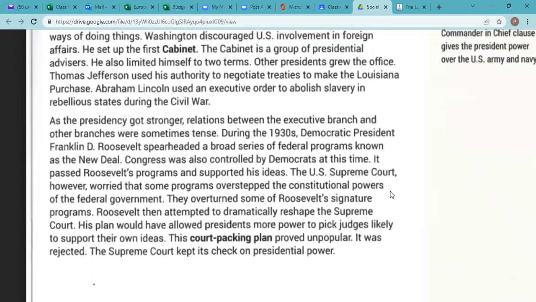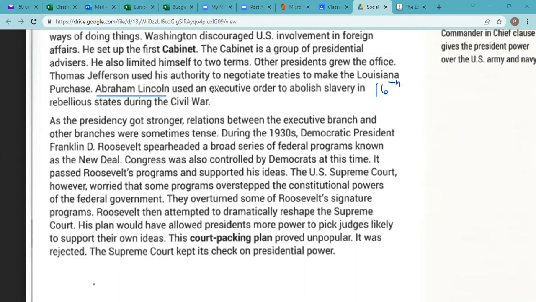It says here that they negotiated treaties to make the Louisiana Purchase. And then you have Abraham Lincoln. What number president is Abraham Lincoln? He is the 16th president. It says that he used an executive order to abolish slavery in rebellious states during the Civil War.